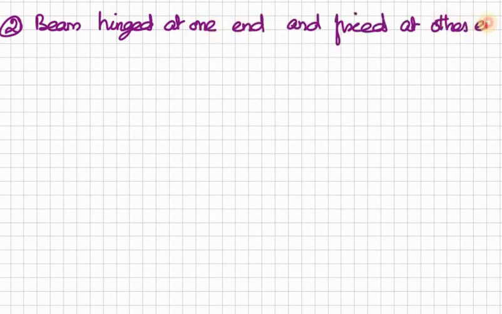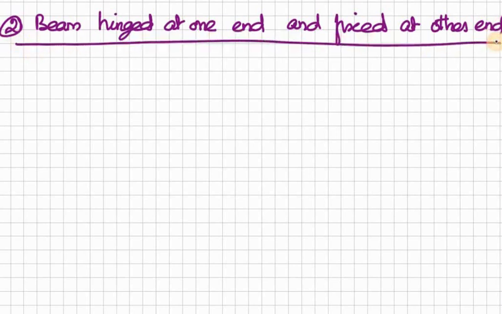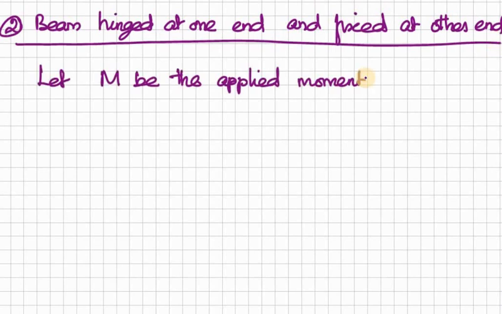So the next case is the beam hinged at one end and fixed at the other end. Here also we follow the same procedure as in the first case. Since the far end is fixed, whenever we apply some moment at the hinged end, some portion of the moment will be induced in the far end, which is fixed.